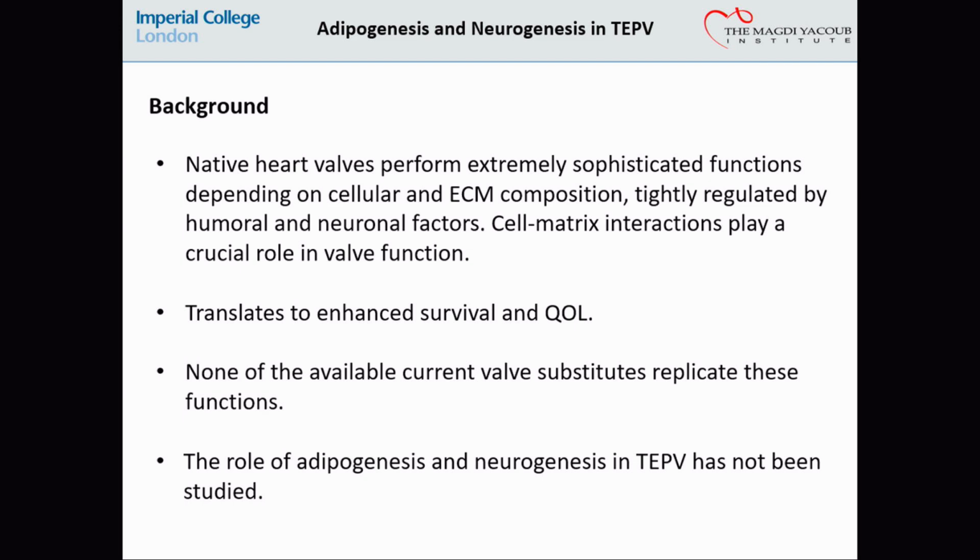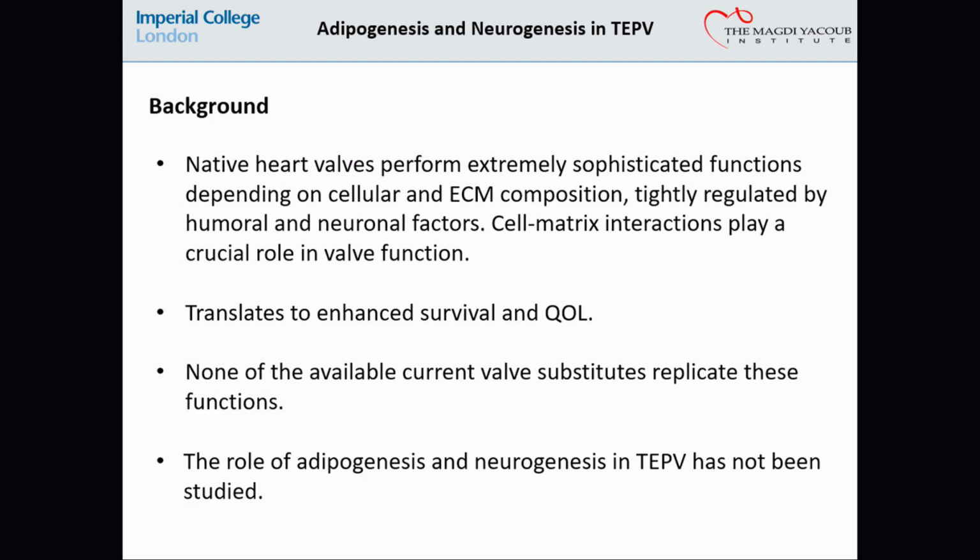And the cell-to-matrix interactions play a crucial role in the valve function, and this cell-matrix interaction translates to enhanced survival and quality of life. We know that none of the available current valve substitutes replicates these functions, and I won't go into the limitations of the current valve substitutes.